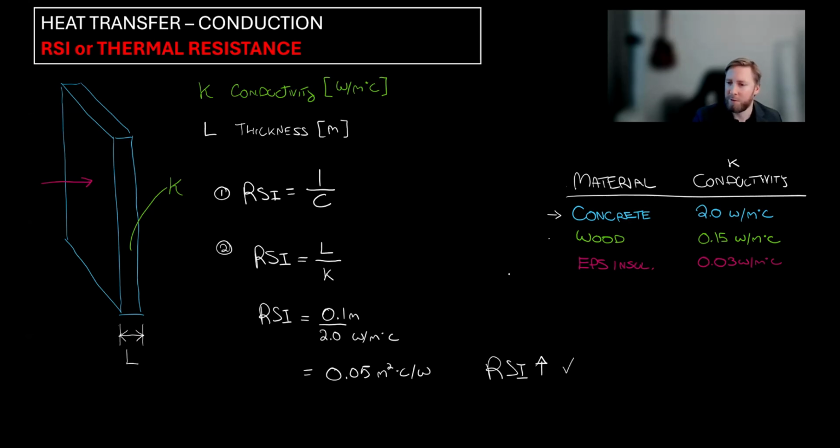If we were to do this with, say, wood or insulation, we're going to notice that this RSI is not going to be this small number of 0.05. It's going to be significantly larger than that, and that's a good thing. So we want a high RSI. That's different from the U value that we just calculated previously, where we actually want a very low U value.